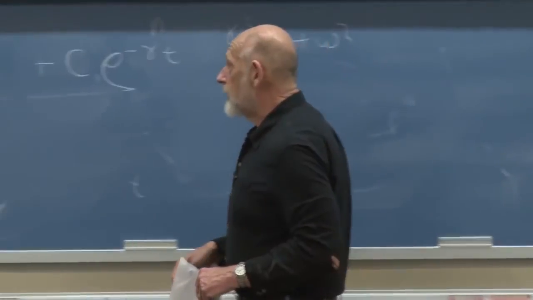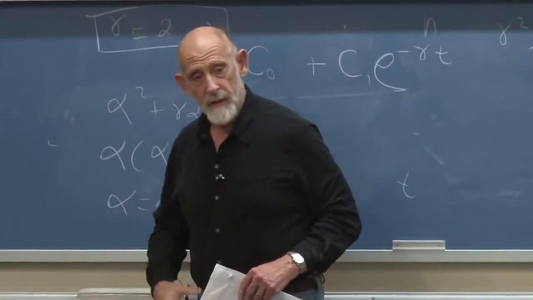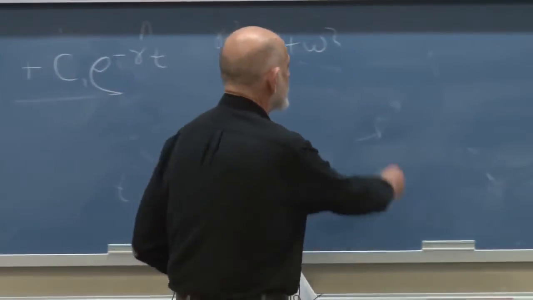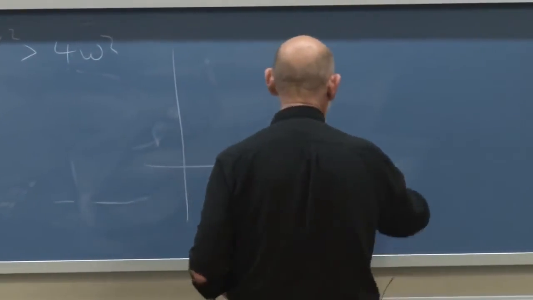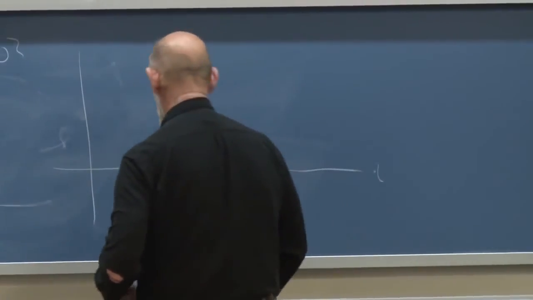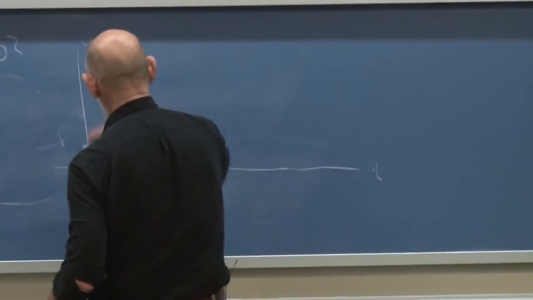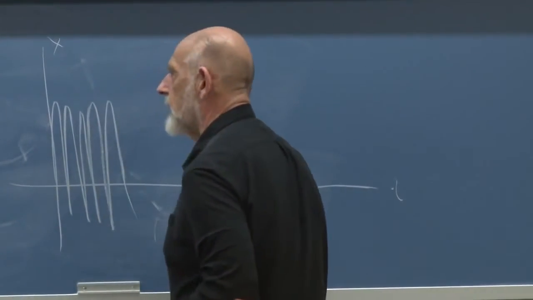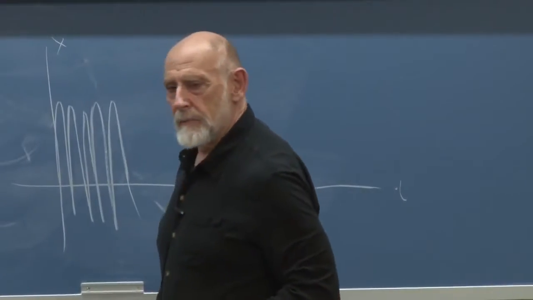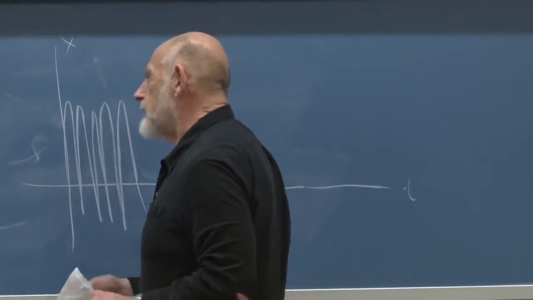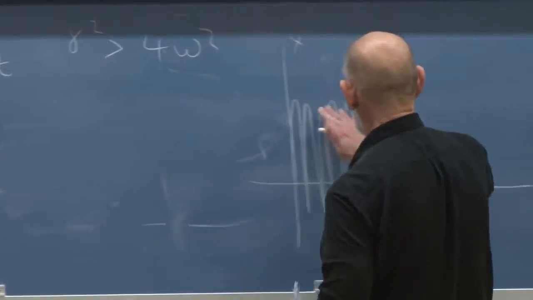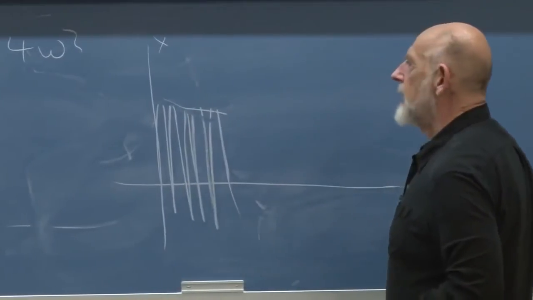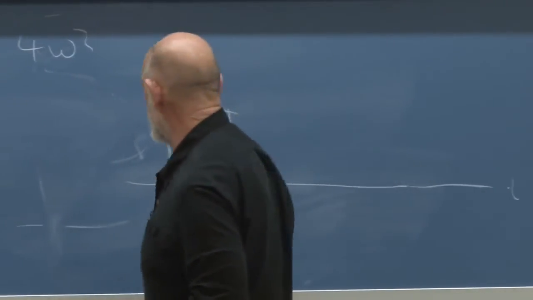Omega, much bigger, let's say, than gamma. Restoring force strong, gamma small. What does it do? During the time, this is time, this is x, it oscillates with the frequency omega. And of course, there's a little bit of gamma, so it mildly starts to decrease. Now gamma starts to get stronger.